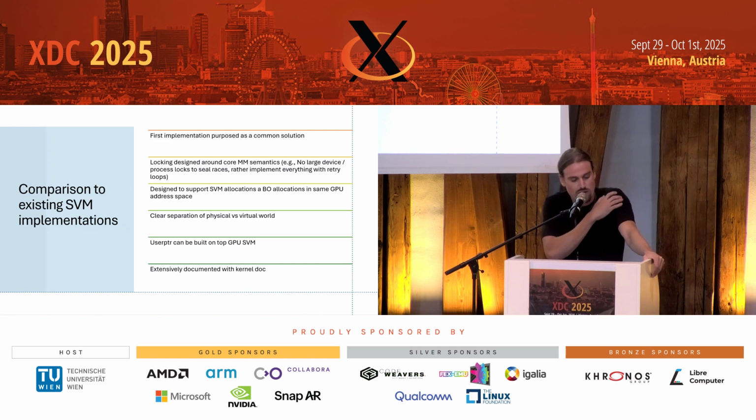Another thing in this design, it's not strictly related to GPU SVM because it's more on our driver side binding code, but we support SVM allocations and BO allocations in the same GPU address space. The way this works is when a UMD driver loads in SVM mode, it will bind the entire address space to mirror the CPU address space.